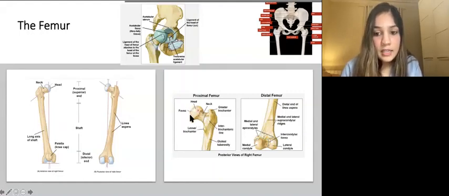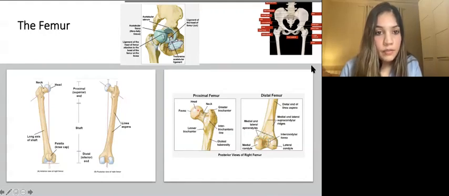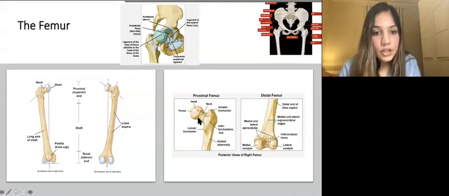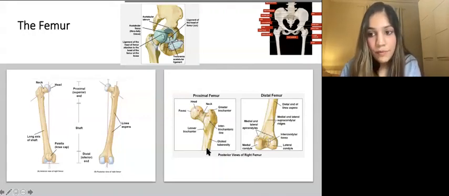And this head, as we mentioned before, articulates with the acetabulum of the pelvis, which is a smooth surface covered with articular cartilage. And then we've got the neck, so this bit, which connects the head of the femur with the shaft, so the body of the femur.